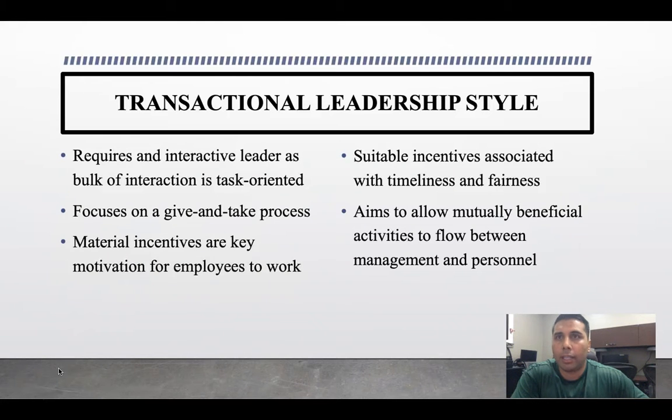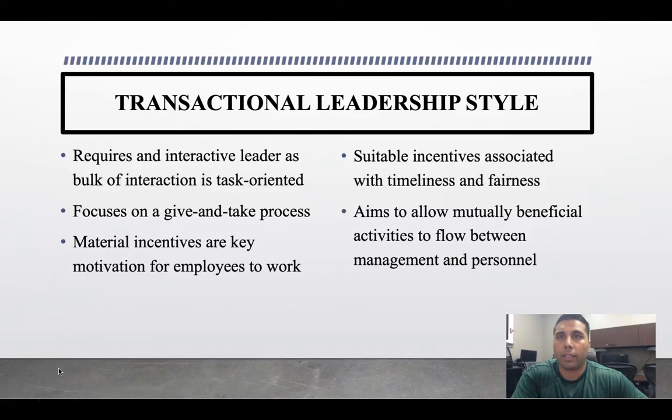Transactional leadership style. Now let's take a closer look and discuss some of the main concepts associated with this style of leadership. As explained in the Journal of Leadership and Organizational Studies article from this week's reading material, the leadership style requires an interactive leader, as the bulk of the interaction between the personnel is task-orientated.